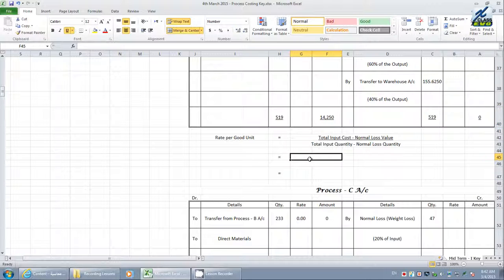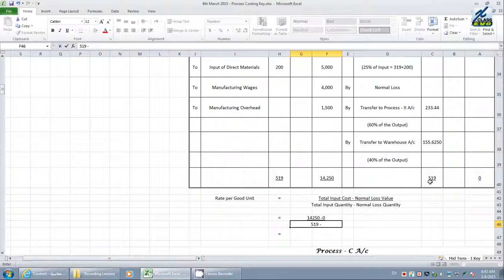What is total input cost here? 14,250 minus, there is no value, and then total input quantity is 519 minus 130.